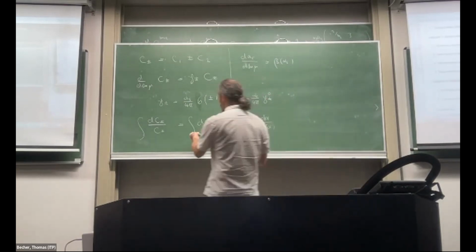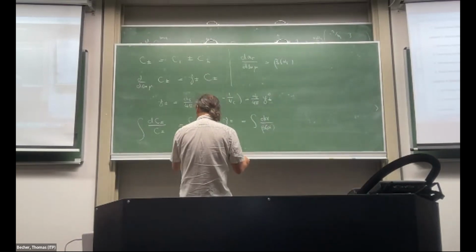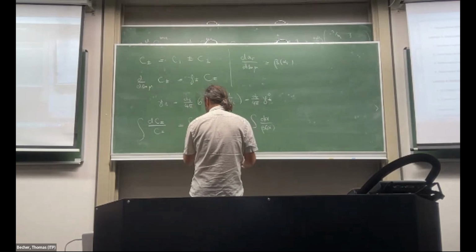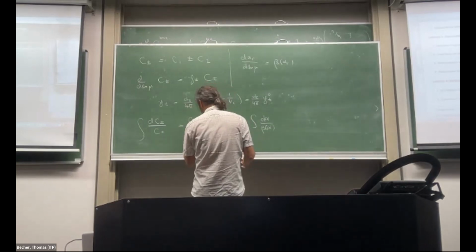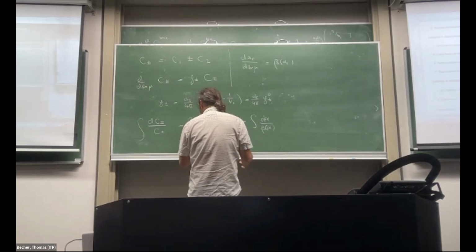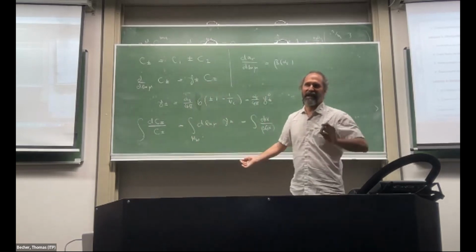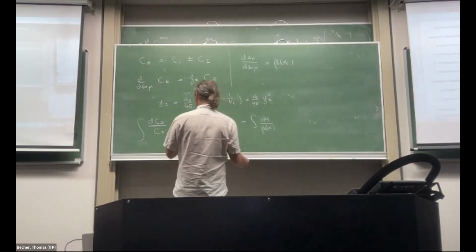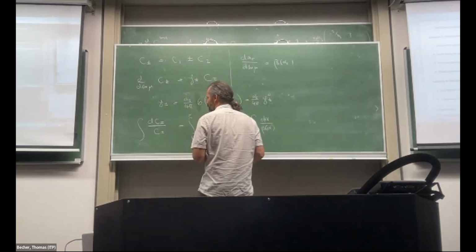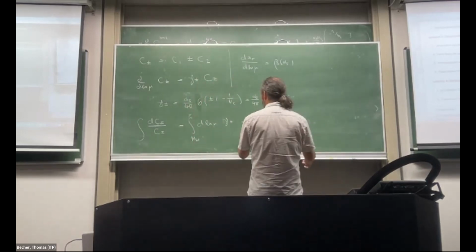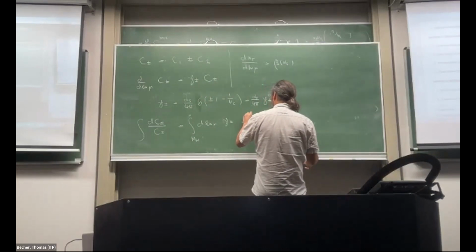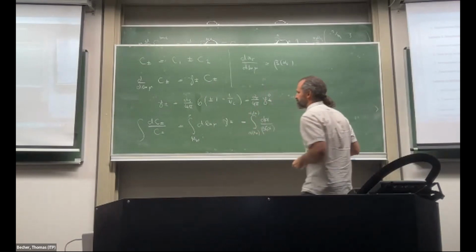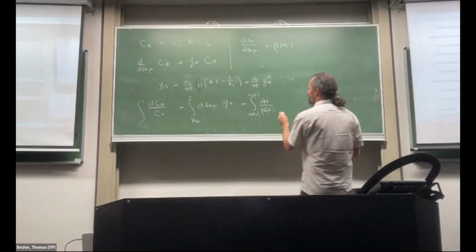Of course, here I would integrate from a starting scale. Let's call this the hard scale. Let's start at the large scale M_W, I don't have to choose it exactly this, down to the scale mu. Then the integral runs from alpha s at M_W to alpha s at mu.